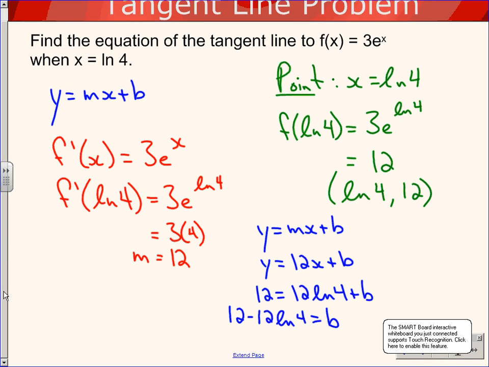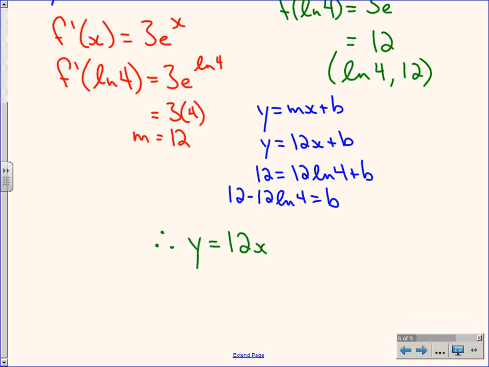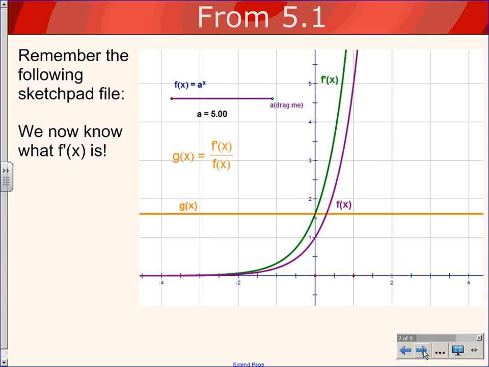Almost had enough space too. So our final answer was y equals 12x, and then the y-intercept, which is 12 minus 12 ln 4, a lot of 12s. Slope here, y-intercept there. Okay? So we can still do tangent line problems.